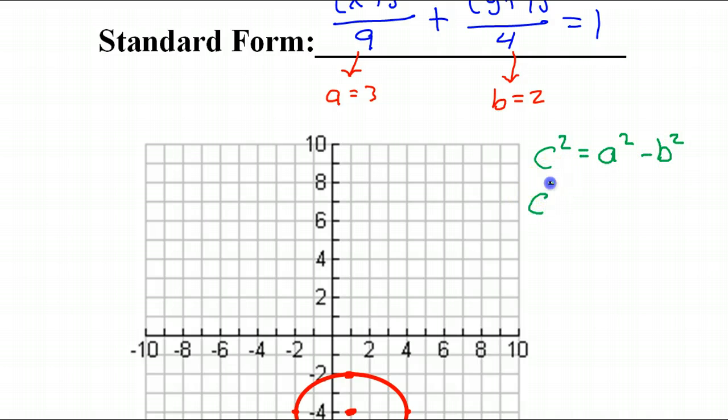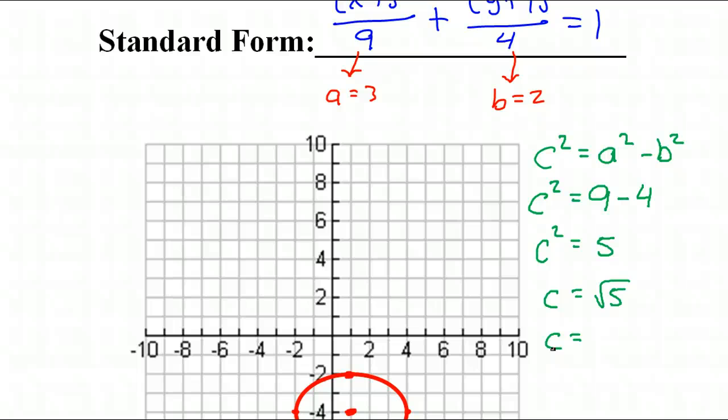So C squared is equal to 9, that's A squared, minus 4, that's B squared. So C squared is equal to 5. That means C is equal to the square root of 5. And as a decimal, just to help us graph it, the square root of 5 is 2.2.